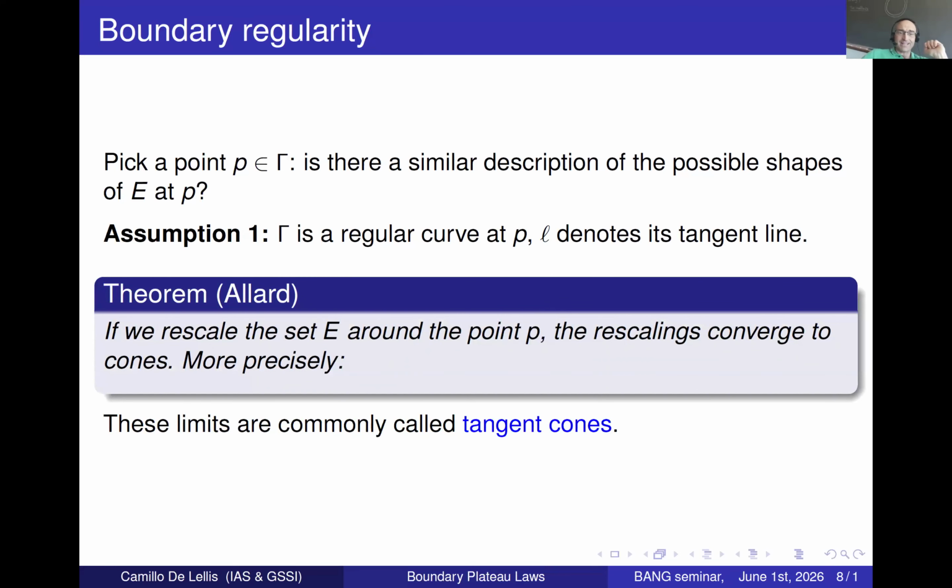Okay, now if you are in that setting, there's a very powerful theorem by Allard which says that if you rescale the set E around the point P, these rescalings, these zoomings, are converging to minimizing cones.